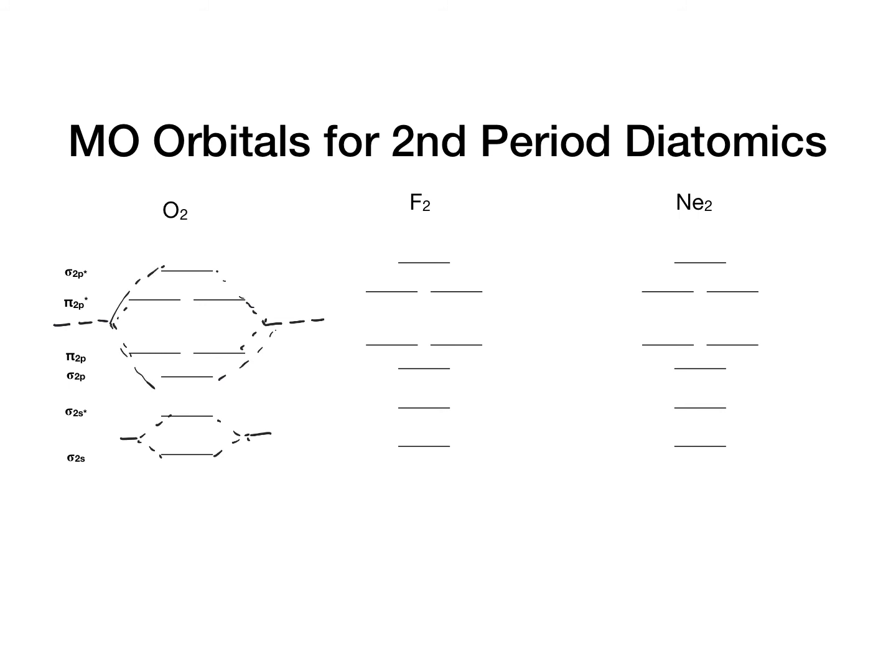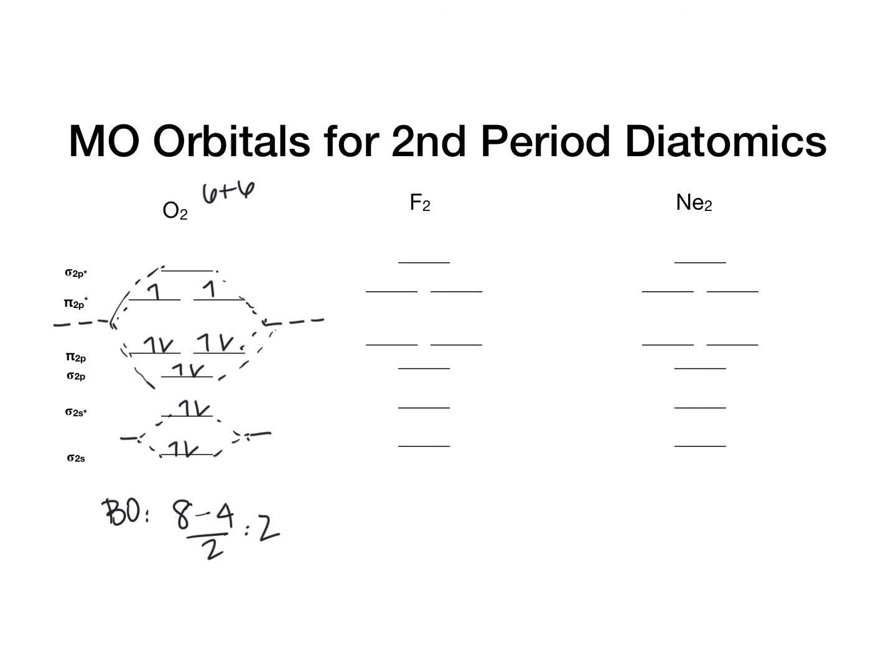For oxygen, which has 6 plus 6, we have 12: 1, 2, 3, 4, 5, 6, 7, 8, 9, 10, 11, 12. For oxygen, we can get a bond order. We total up the bonding, which is 2, 4, 6, 8, minus 2, 4, divided by 2. That gives us a double bond, which is what we expect.